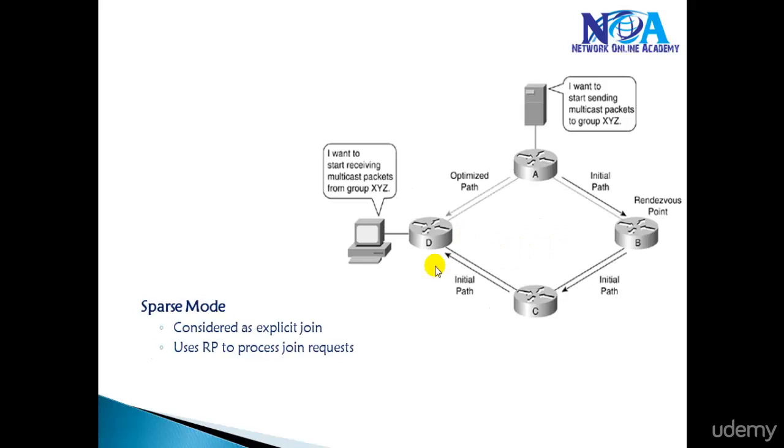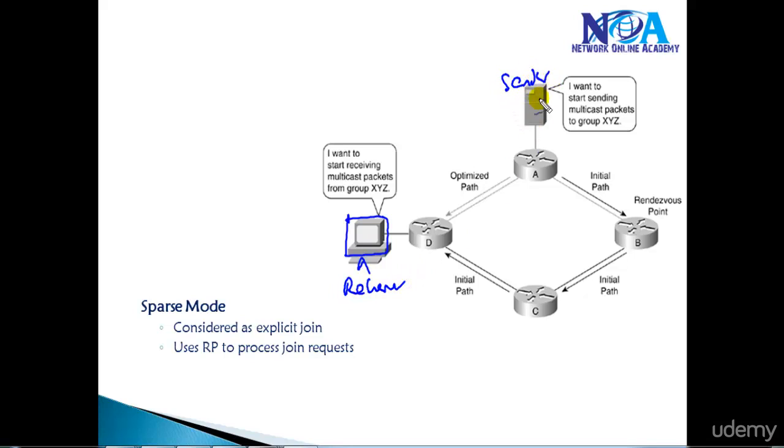The next mode is sparse mode. In sparse mode, it does not work based on flood and prune behavior. Let's say I have a receiver here, and I have a sender, a server, sending the multicast traffic. Here the router is not going to flood the traffic. Instead, they both will join something called a rendezvous point.